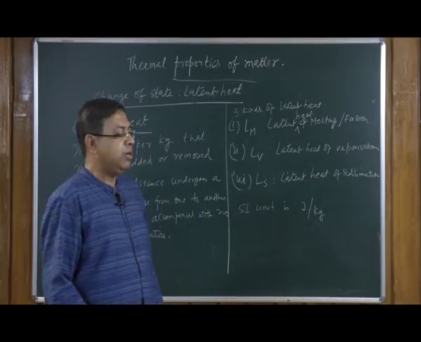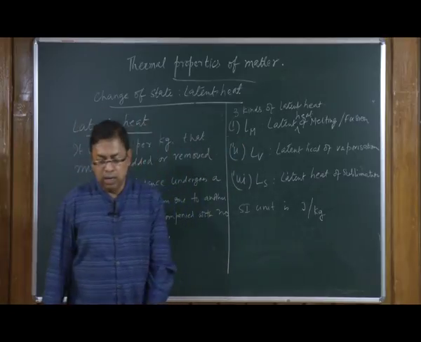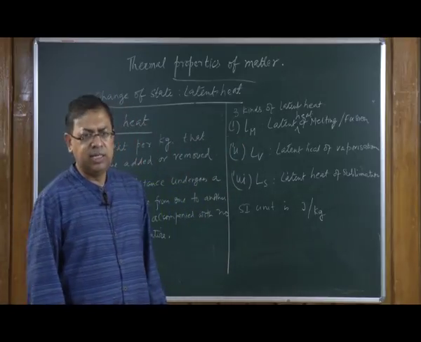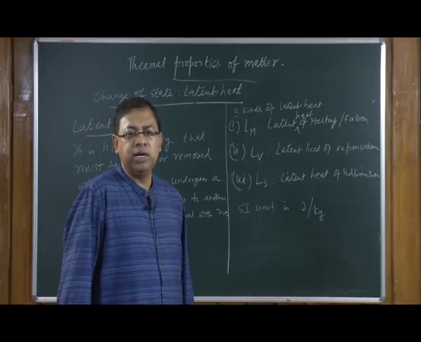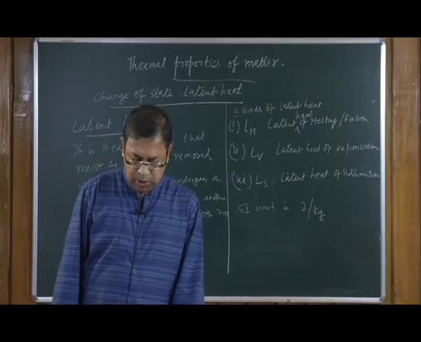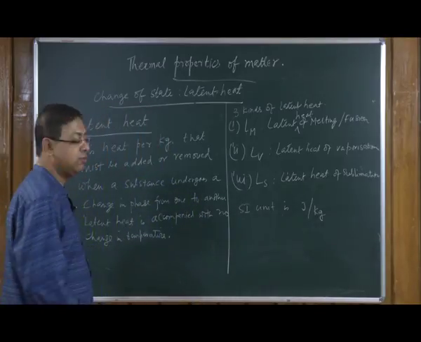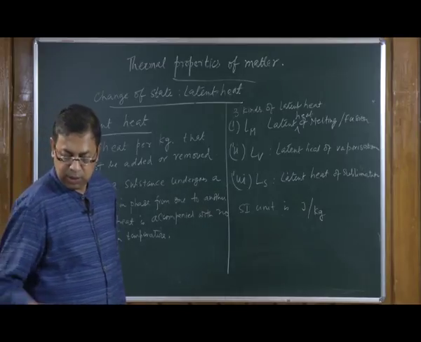So, let us see some representative values for some known substances. Let us just talk about liquids for now. You will get data for solids also. So, let us talk about the latent heat of melting and the latent heat of vaporization for some of the known liquids.